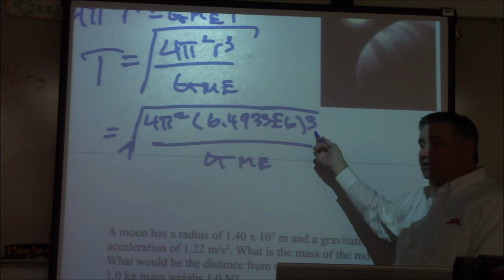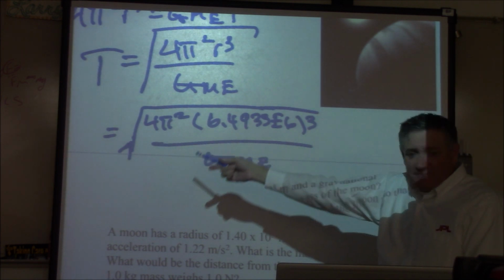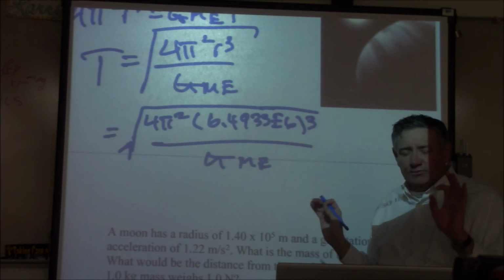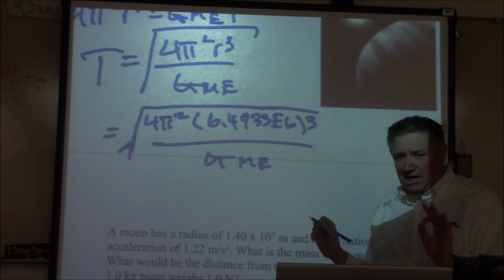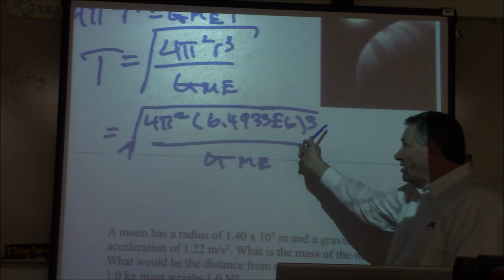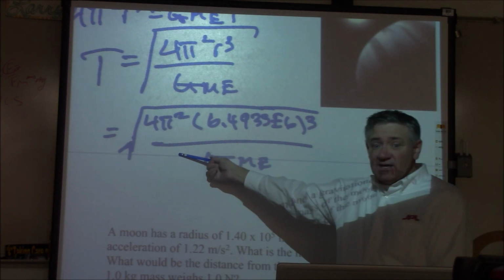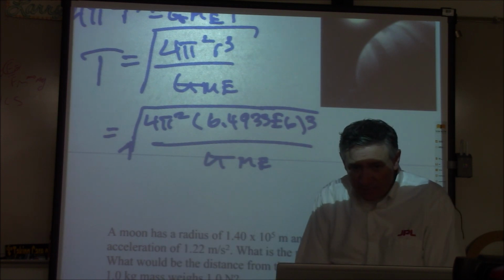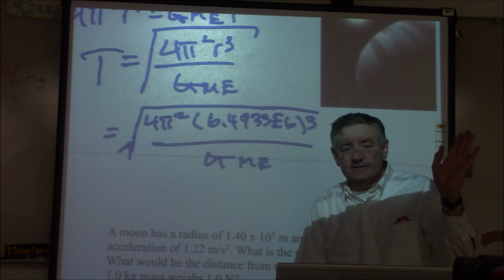If you don't cube this number, that value of time is going to be off by so much. You're going to get a ridiculously small amount of time. Also, don't get so happy that you get everything calculated in here that you forget to take the square root of it. I've seen that happen as well.